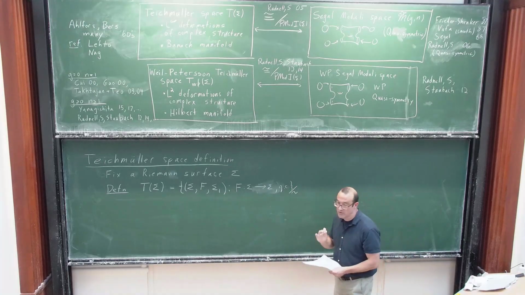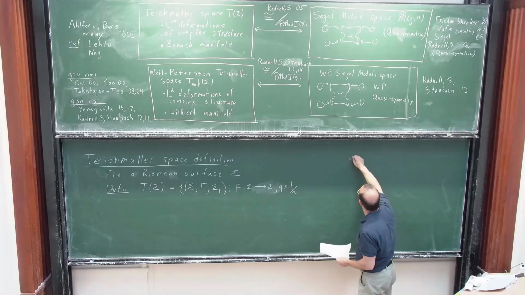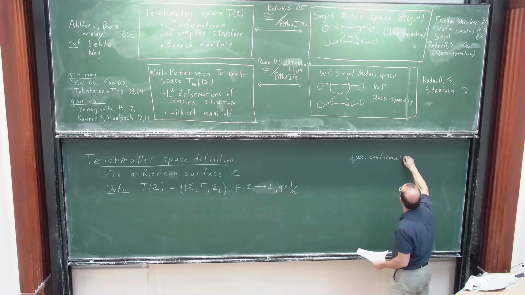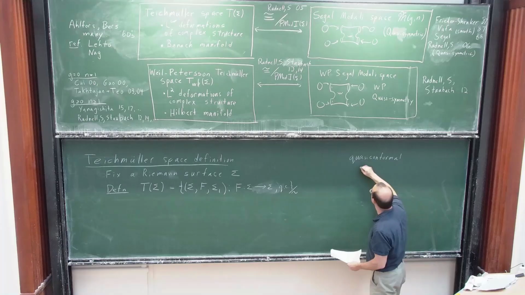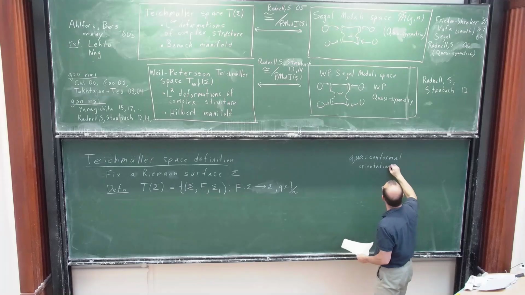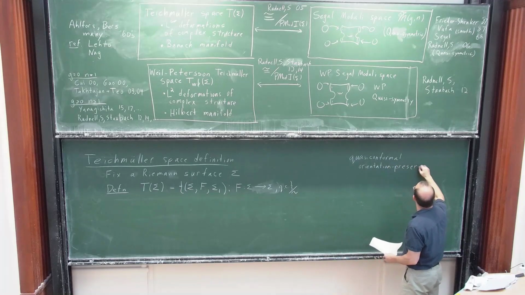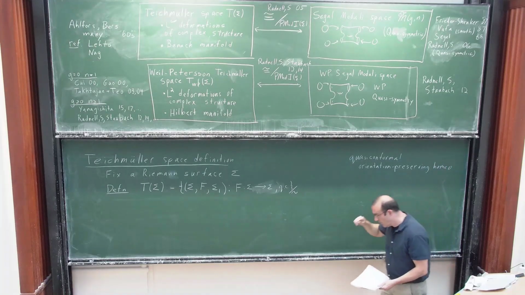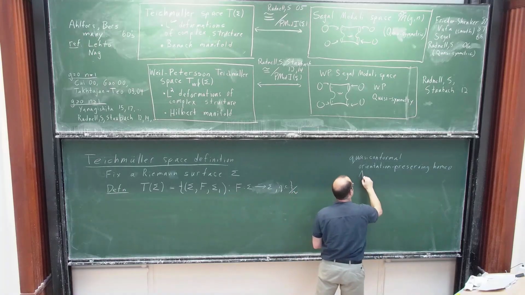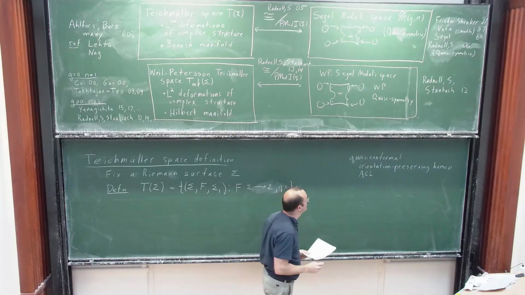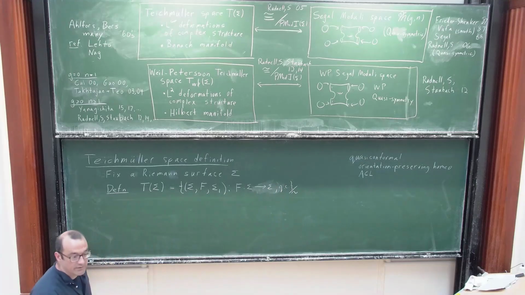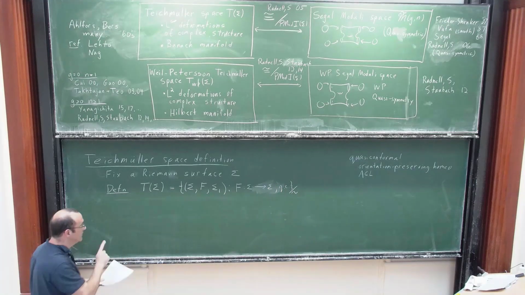The technical definition of a quasi-conformal map: it's usually an orientation preserving homeomorphism. You do need to add some analytic conditions, and depending on your favorite ones, one of them is that it has to be what's called absolutely continuous on lines. The Riemann surface can have boundary sets, anything.